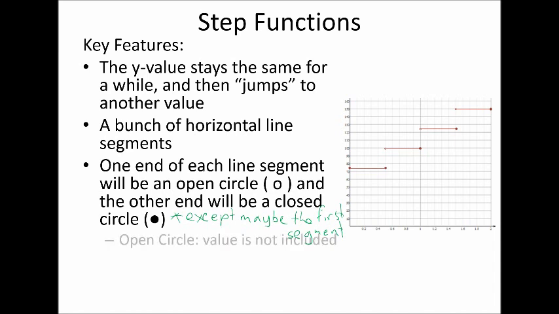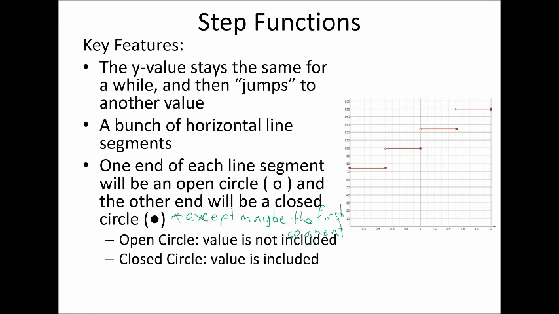So an open circle means the value is not included, and a closed circle means the value is included. We'll have a little look here at this part. You'll notice that at this x value here of, say, 0.5, it seems like I'm hitting the graph in two places.